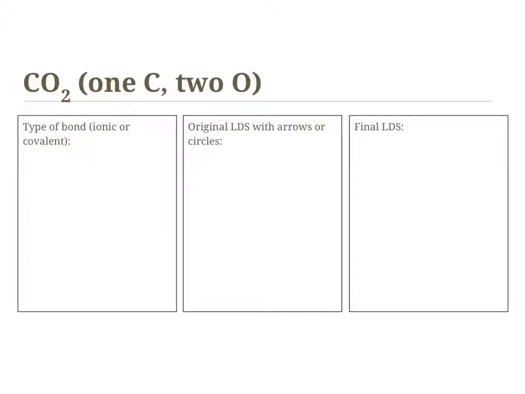Carbon dioxide, CO2. I can identify this to be covalent, which means they're sharing electrons. It means that we're going to draw circles.